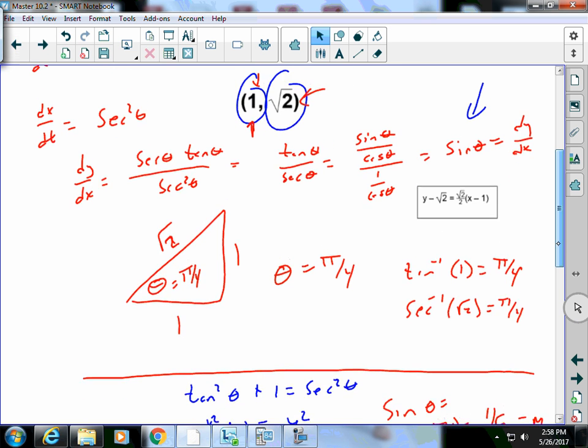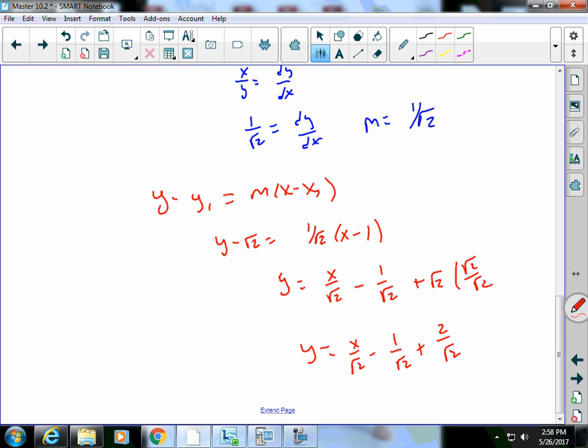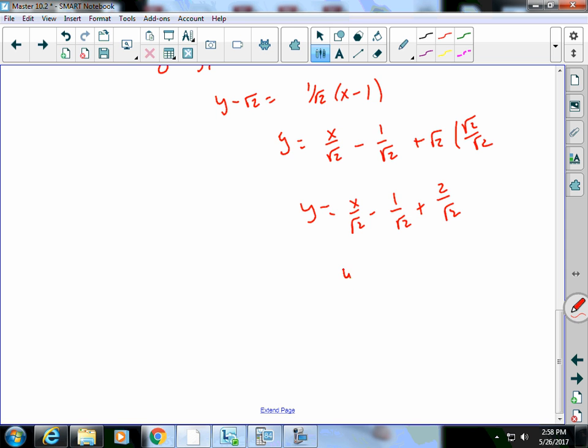Oh, they left it like that. Huh, interesting. Well, let's just talk about how I was going to do this problem. We'll finish it off real quick. 1 over square root of 2, I want to make this 2 over square root of 2, because I'm going to rationalize this by multiplying by square root of 2 over square root of 2. So I get y is equal to x over square root of 2 minus 1 plus 2, or 1 over square root of 2.